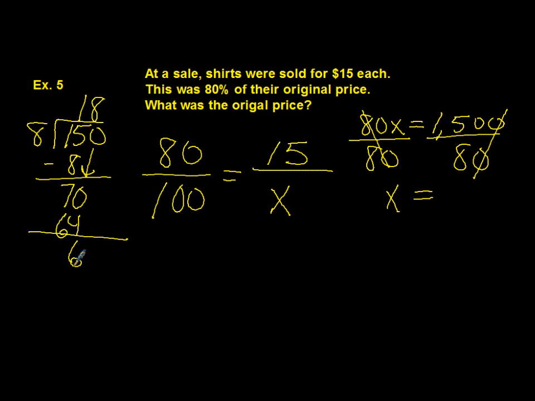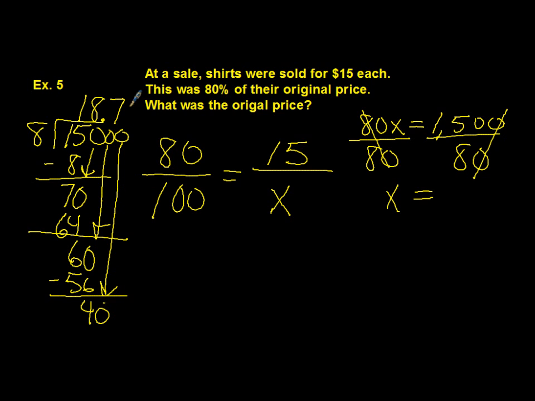We'll have to bring down another 0. 8 goes into 60 7 times. And down another 0. And 8 goes into 40 5 times. So the original cost of the shirt was $18.75.